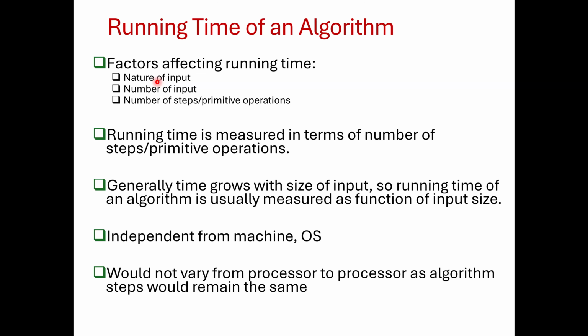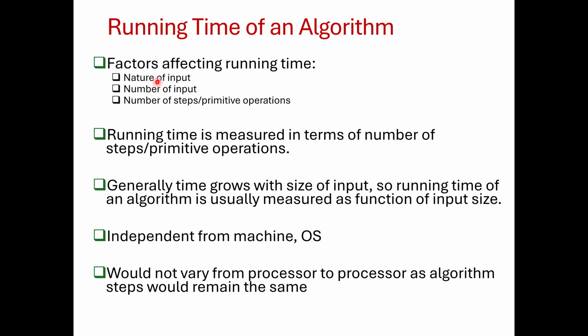Another algorithm will need 10 million steps to process that 1 million integer values. And once we can count the number of steps an algorithm will need, we can then say, well, this algorithm needed more steps or more operations than the other one to process the data. I hope I'm making sense.